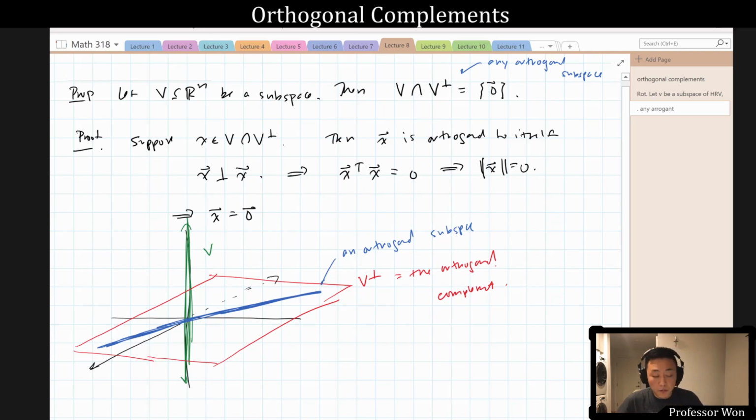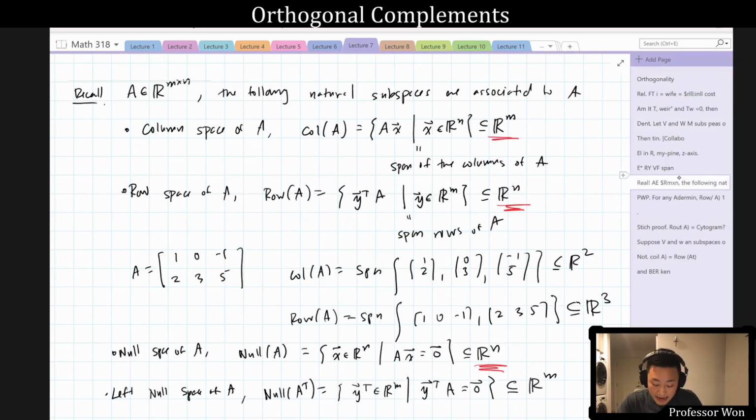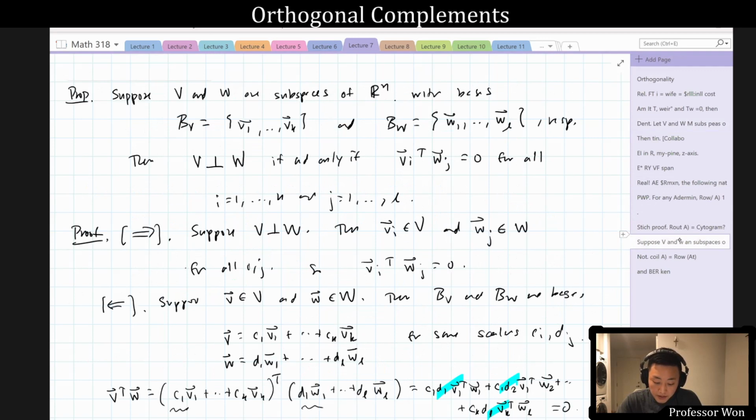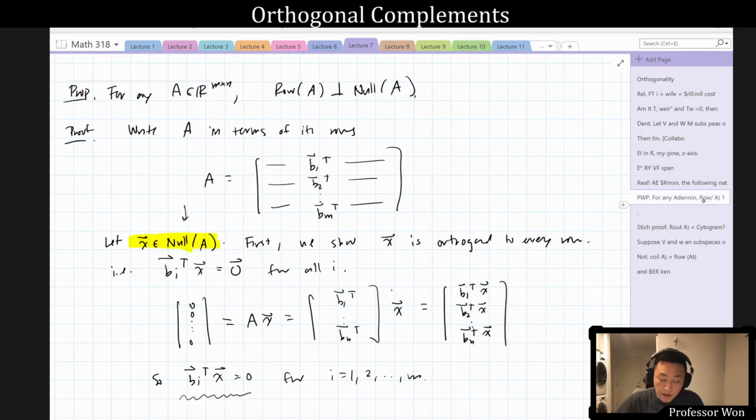Now, we also saw last time some natural examples of orthogonal subspaces. In particular, we showed that the row space is orthogonal to the null space. But you could ask now, what is the orthogonal complement of the row space?